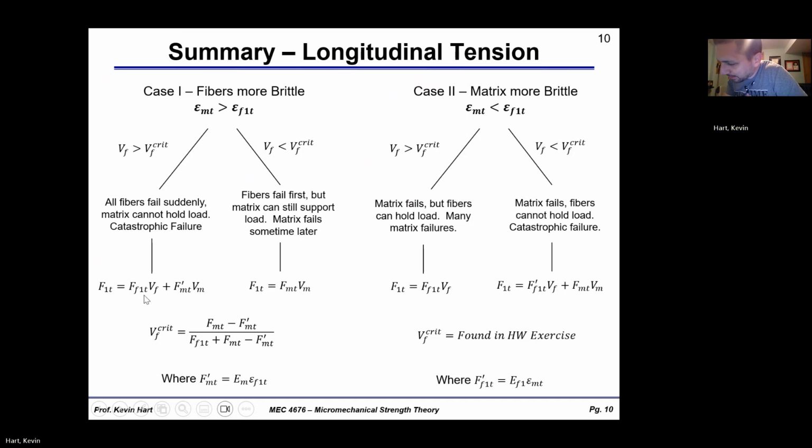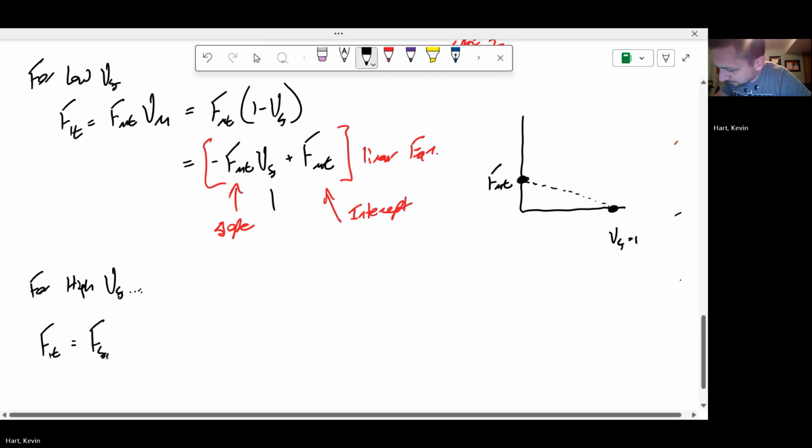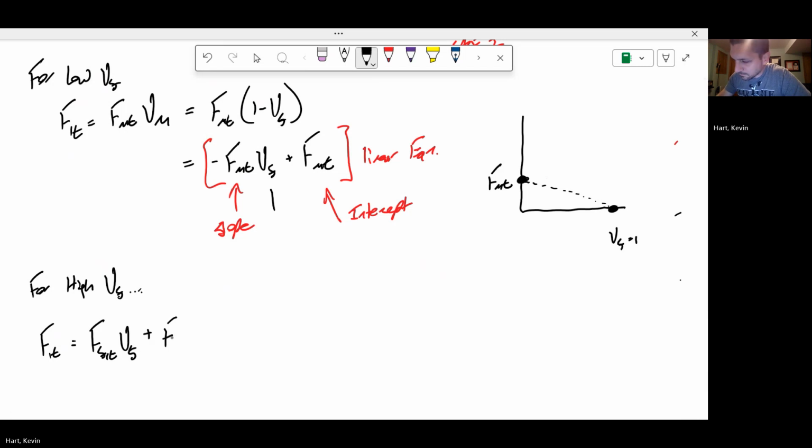All right. FF1T VF plus FMT prime VM, where FMT prime is this general equation here. Okay, so let's get that down here. I'm going to write this in terms of volume fraction.